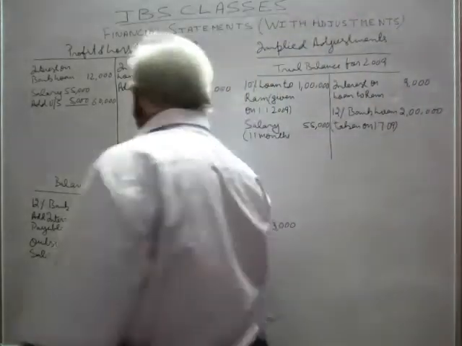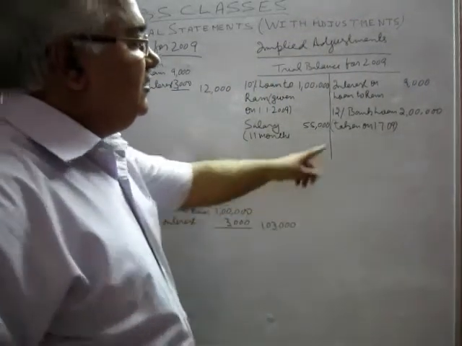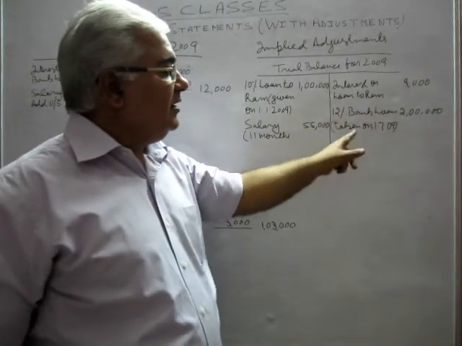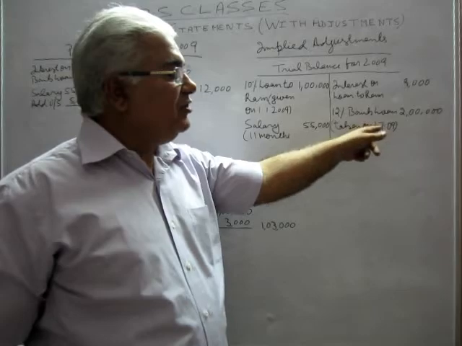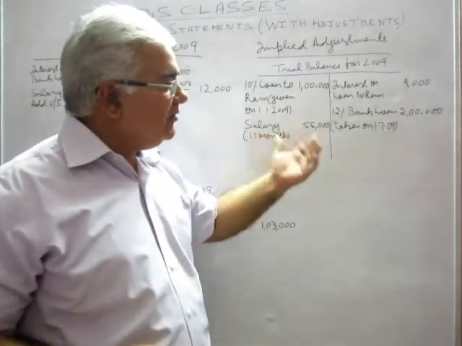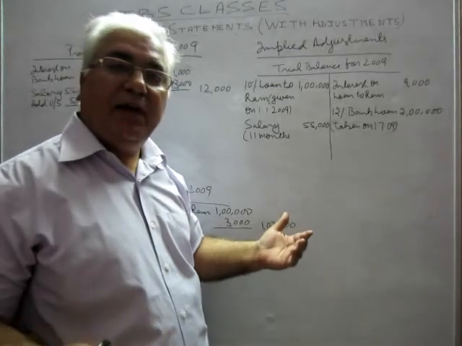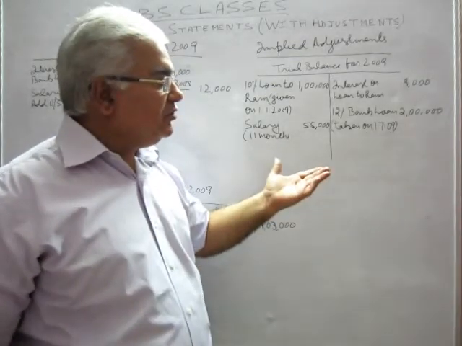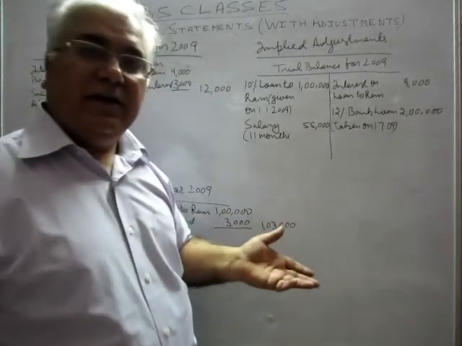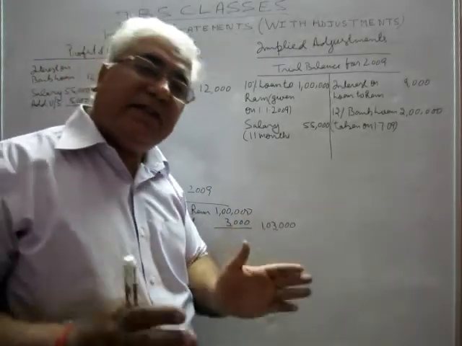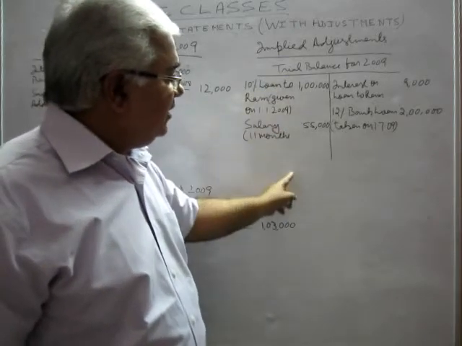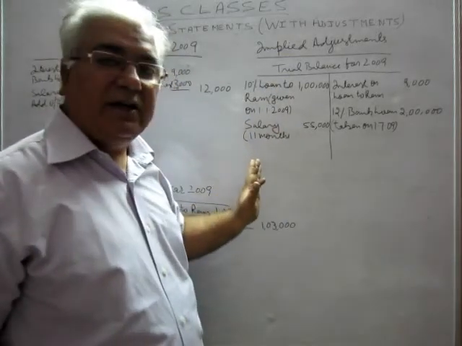For example, in this trial balance, 12% bank loan of rupees 2 lakh taken on 1/7/09. That means on rupees 2 lakhs at the rate of 12%, for 6 months we have to pay interest, which comes to 12,000. And if we have made the payment, then naturally that payment must appear on the debit side of trial balance. If we look here, there is no trace of that.